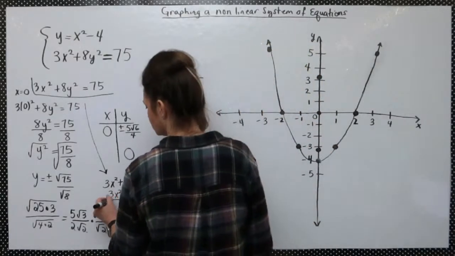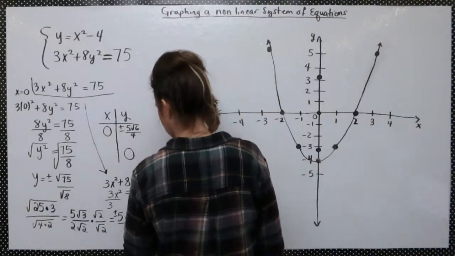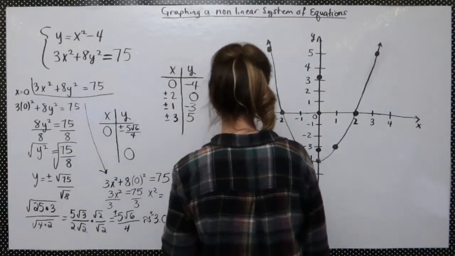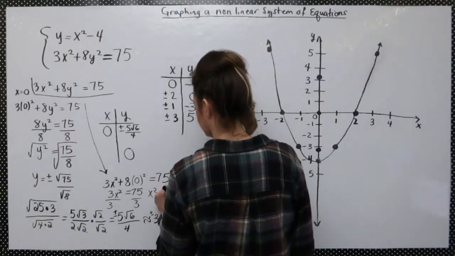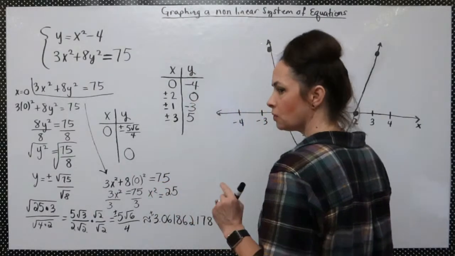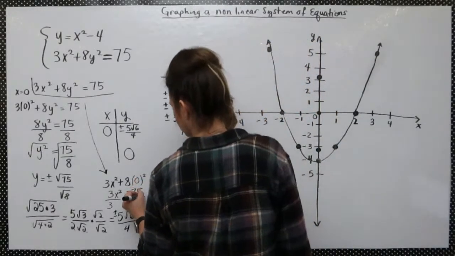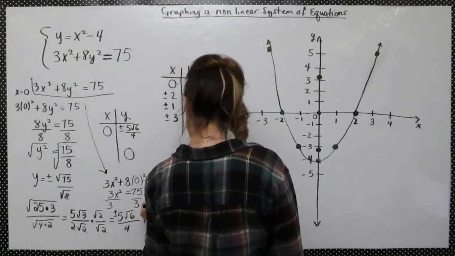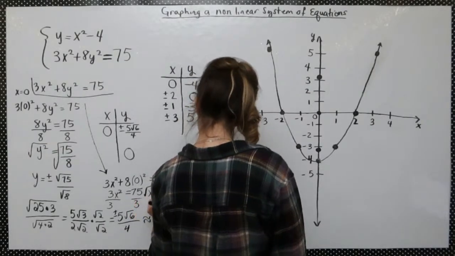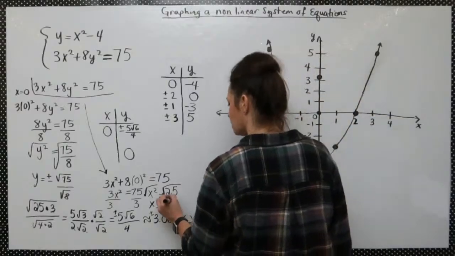And then we can divide off the 3. That's going to give me x squared equals 75 divided by 3 is 25, because if I have 3 quarters, I have 75 cents. All right, so we are going to take the square root of both sides, and it's going to give me x equals plus or minus the square root of 25, which is 5.